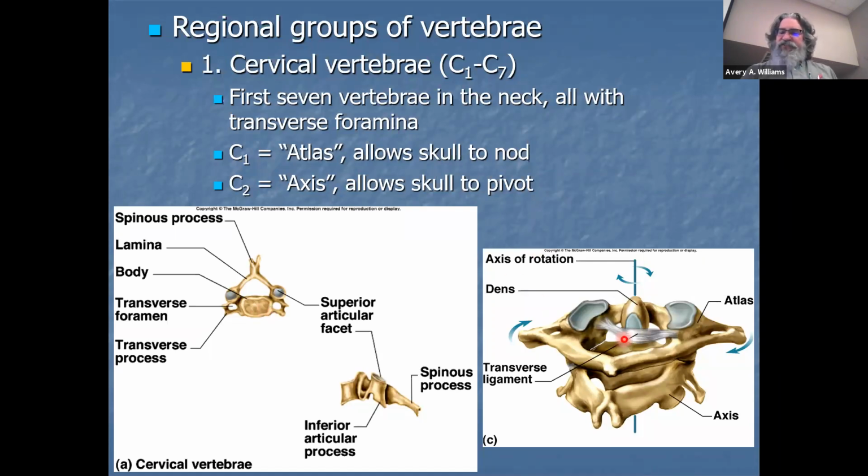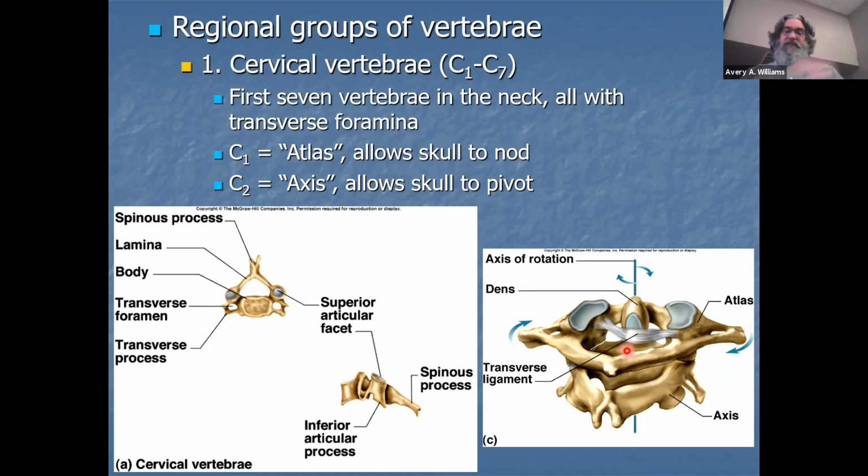Its centrum is stuck to the centrum of C2. And if you look carefully, you can see this bony structure sticking up. They identify it as the dens. See that? The dens is a process on C2. And what happens is it allows these two bones to rotate and pivot and nod.